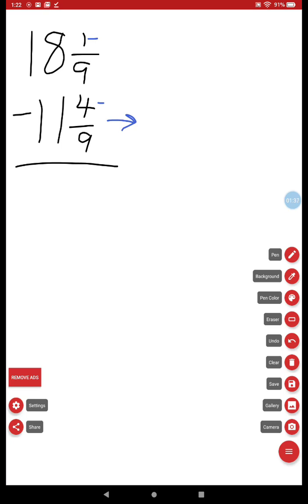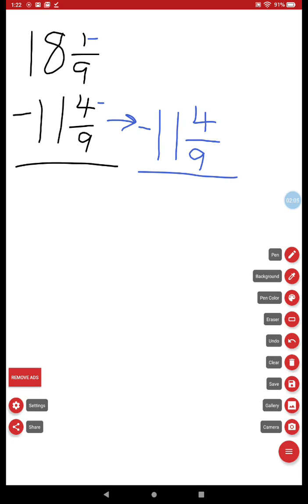11 and 4/9 is not the problem, so I'm going to rewrite that on the bottom. Still is 11 and 4/9. 18 and 1/9 is the problem though, so I'm going to borrow. Well, when I borrow, remember, I'm talking about 9ths. So if you take one whole and break it into 9 pieces, how many of those pieces do you need to get a whole? You're going to need 9.